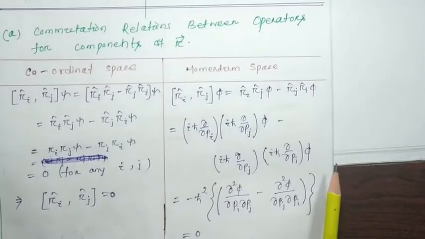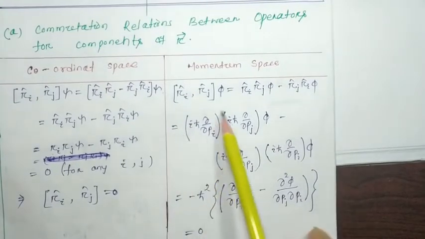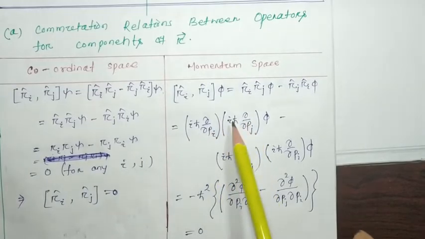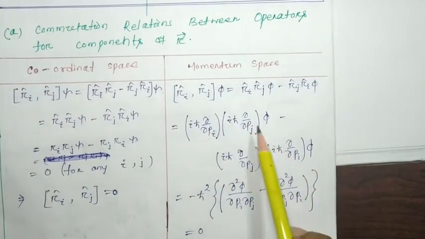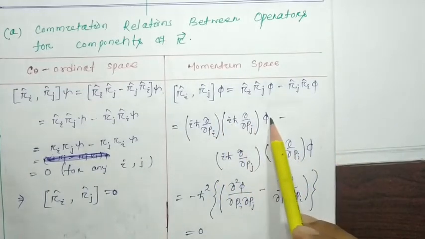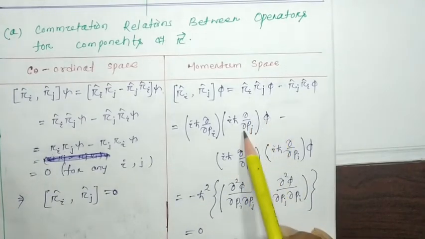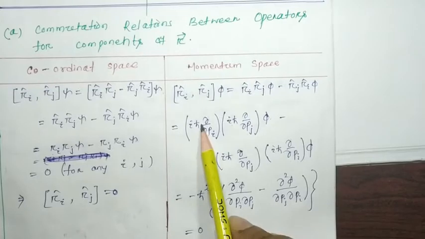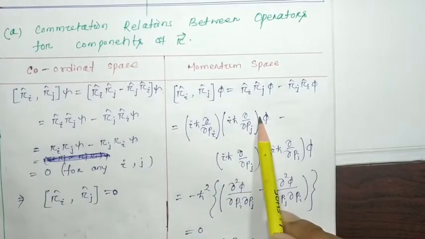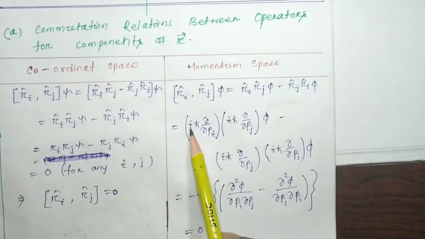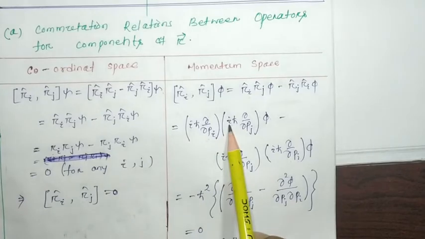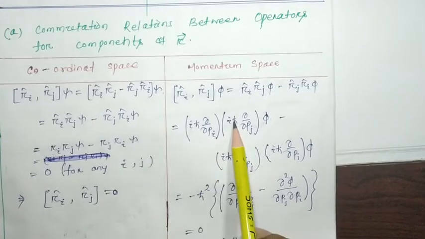Okay, so if first it is applied over this function, this will be i h cross del phi by del p_j, and then applying the other operator to the result, it will be minus i squared, that is minus 1, times h cross squared.